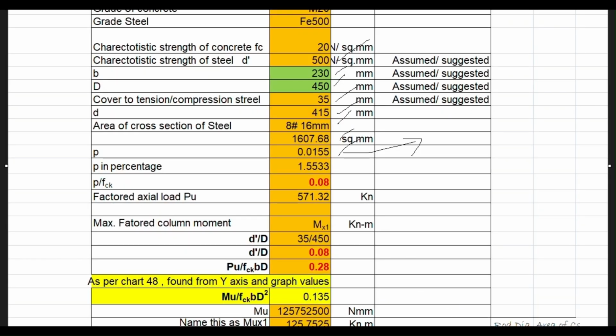We are putting this same value 0.135 in this formula, and we are finding this Mu value by putting in the value of fck, the value of B, the value of D, and this value which is already available. Equating these things, we come to this value.